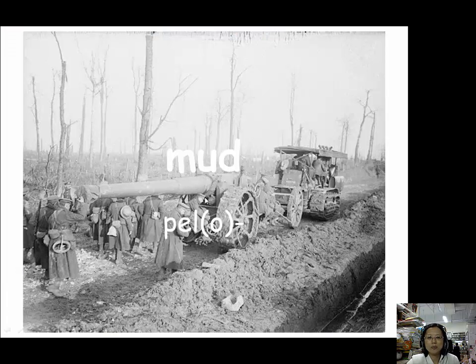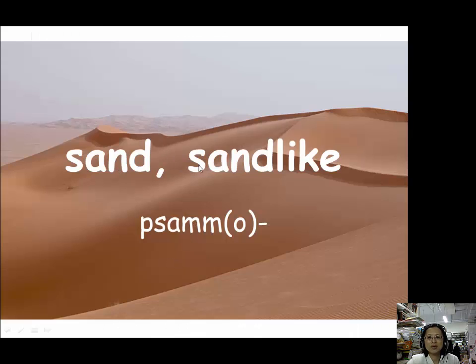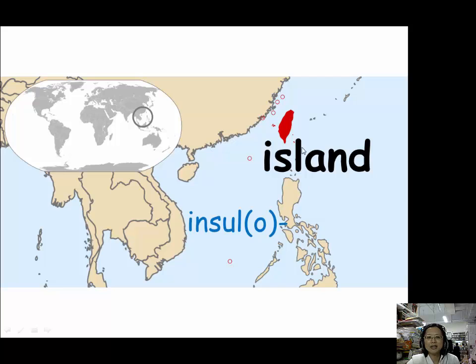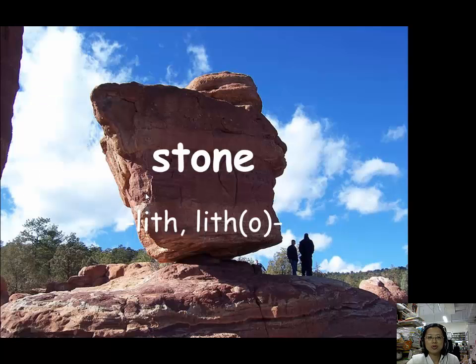For mud, we use pelo, P-E-L-O. For sand or sand-like structure, we use psammo, P-S-A-M-M-O. And for island, we could use insulo, I-N-S-U-L-O. For stone, we could use the suffix lith, L-I-T-H, or the prefix litho, L-I-T-H-O.